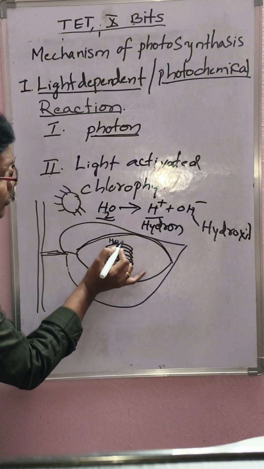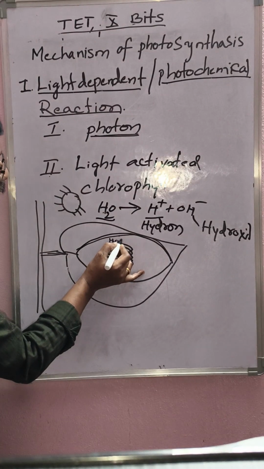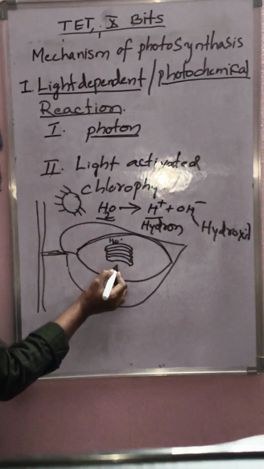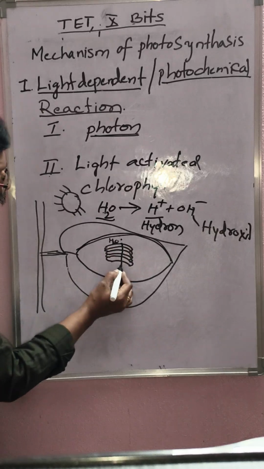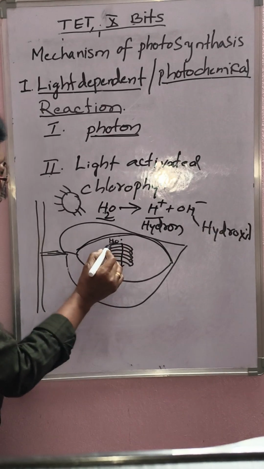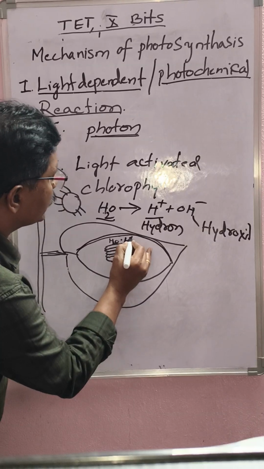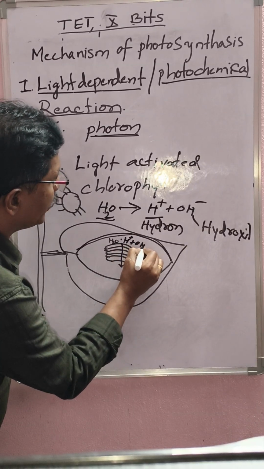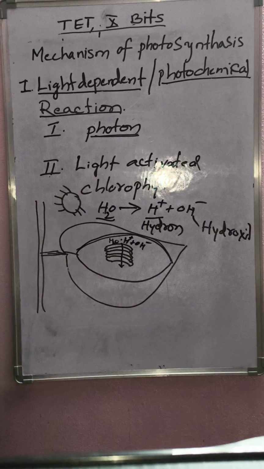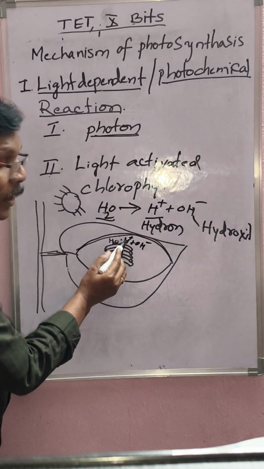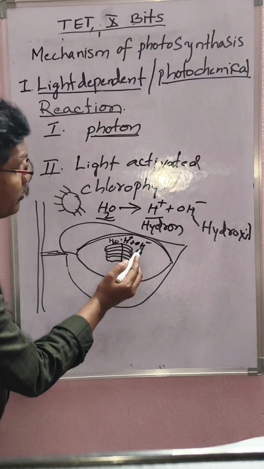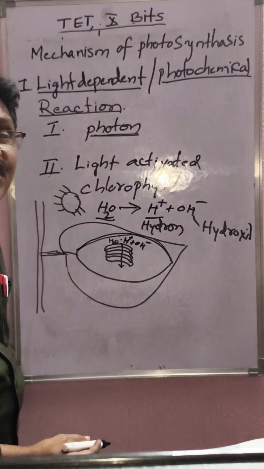Here H2O is present from one surface of the thylakoid membrane to the other surface. It forms H plus and OH minus. Here H plus is positive charge and OH minus is negative charge.